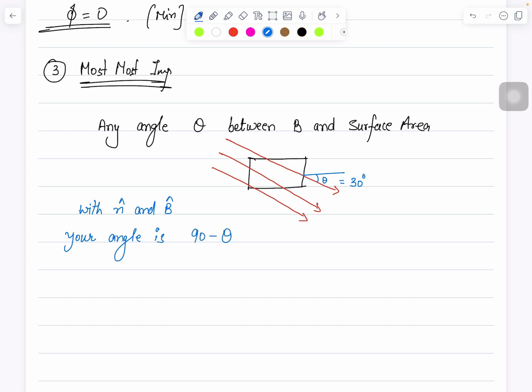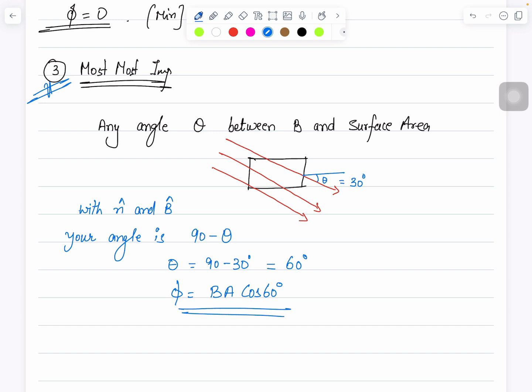So if 30 is given, so what you need to do? Theta is equal to 90 minus 30, which is equal to 60 degree. So flux is equal to BA cos of 60 degree. This is very, very important. And in lots of numericals, you will get this thing. Clear? So how to solve all these things?